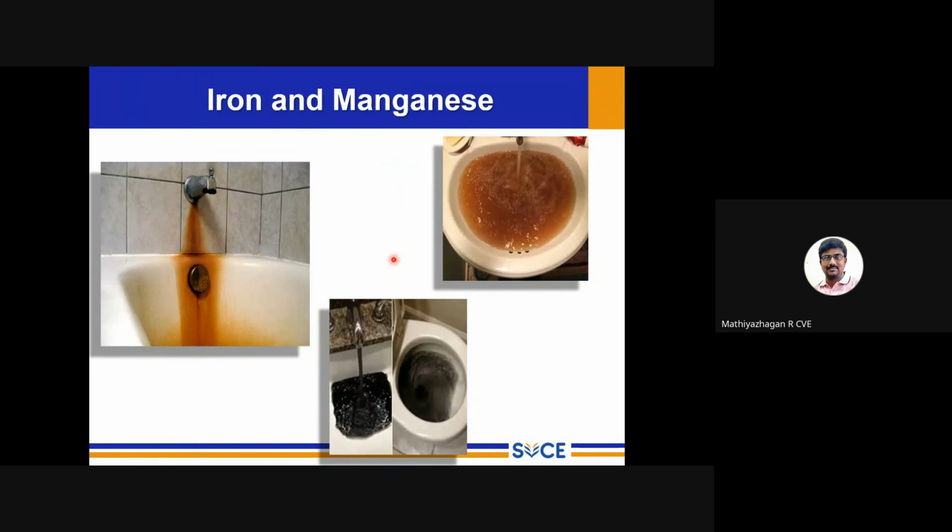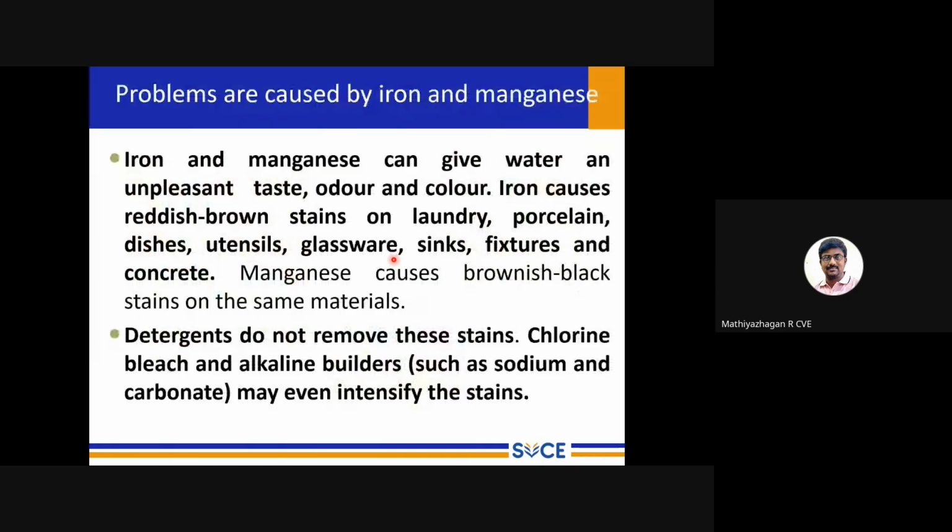Another important thing is that because of iron and manganese present in the water, iron and manganese bacteria will grow in our storage tanks, like our flushing tanks. So because of that also, we need to remove the iron and manganese from the water.